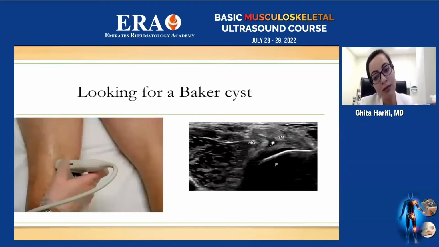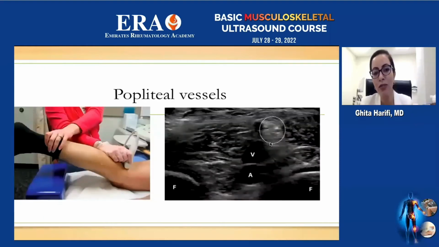So it's slightly medial, medial to the vascular structures. Sometimes you need a little flexion to appreciate the vessels. But remember that you're more medial when you're looking for a Baker cyst at this level.